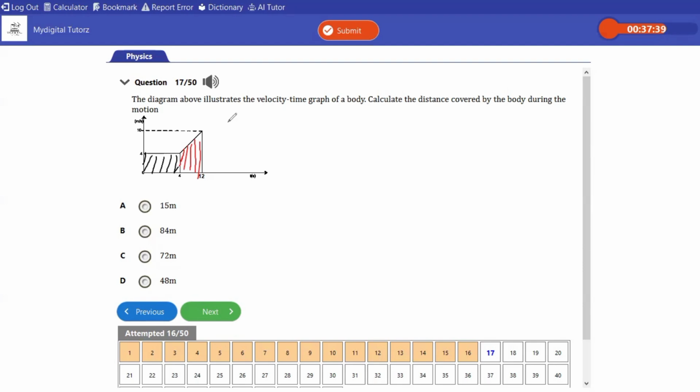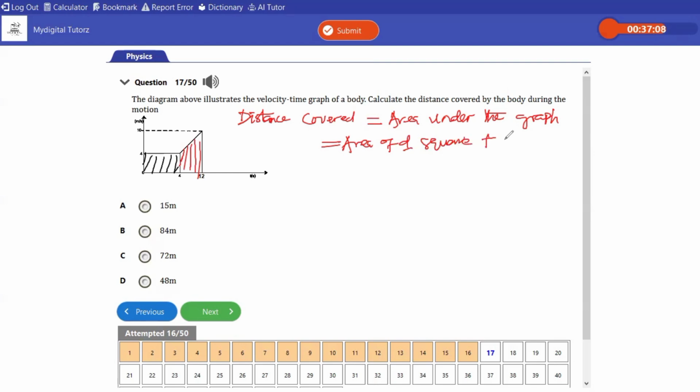So you can say that distance covered is equal to area under the graph, which is the area of the square plus the area of the trapezium.